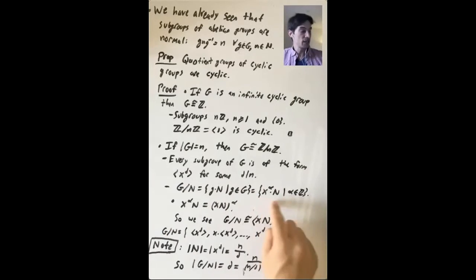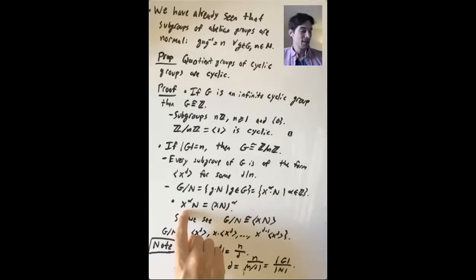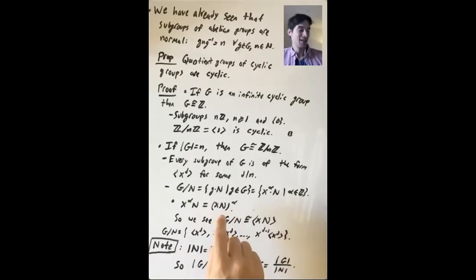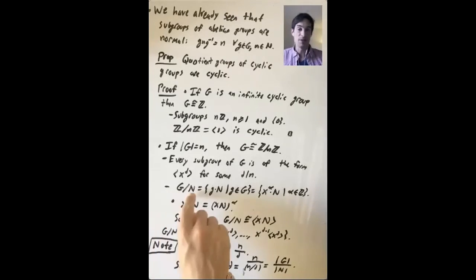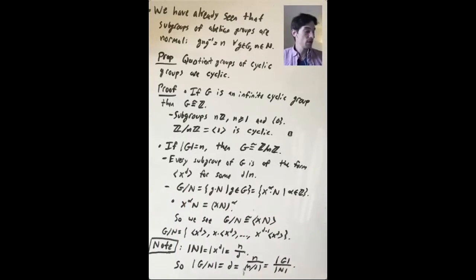If you just translate into what this means for a cyclic group, this is the set of all the left cosets that are of the form x to some power times N, where that power runs through the elements of Z. And now you can note that the left coset of N containing x to the alpha is the same as the left coset of N containing x multiplied by itself alpha times, just by the definition of the group operation in G mod N. So what does that mean?